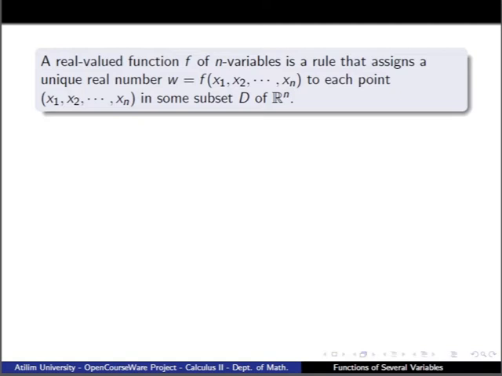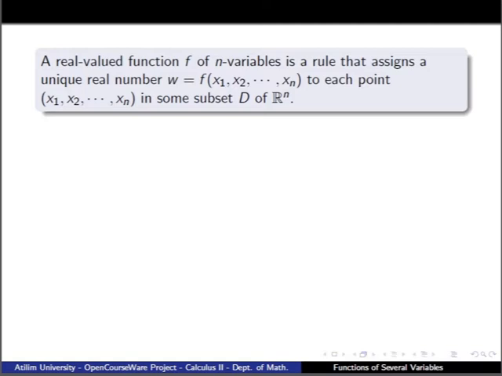The domain set is a subset of the real numbers or n-dimensional Euclidean space Rn, and the variables are x1, x2 to xn. Note that in this definition there are n plus 1 variables, including w, x sub 1, x sub 2 to x sub n.